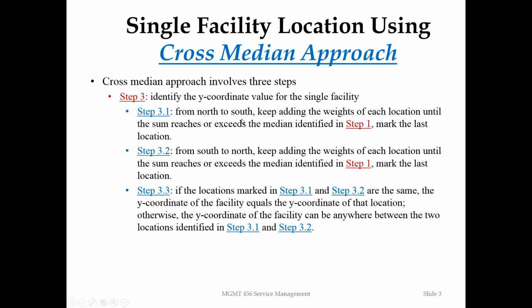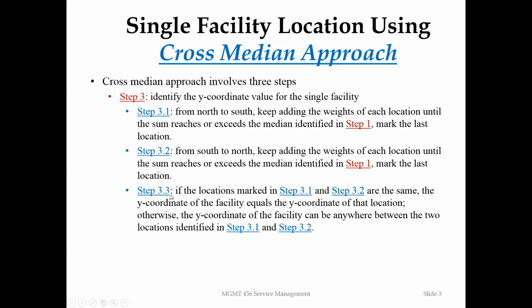Going from north to south, we look at all the customer locations and keep adding the weights of each location until the total reaches or exceeds the median value identified in step 1. Then we mark the last location. Then step 3.2, we go from south to north, keep adding the weights of each location until the sum reaches or exceeds the median value identified in step 1. Then we mark the last location as well.